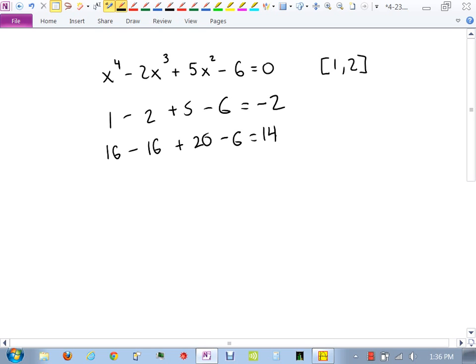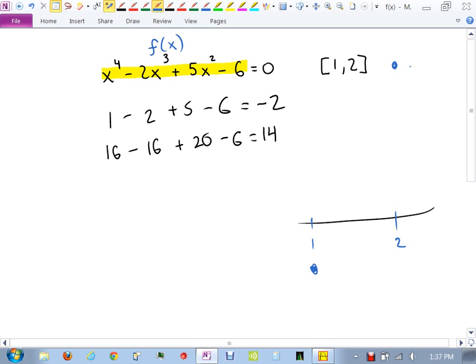That's it. Because if I treat the left side of this as a function, then if I plug in 1, I get negative 2. And if I plug in 2, I get 14. So my graph must connect the blue points, and it has to be continuous, right? Meaning I can't pick up my pencil. Why?